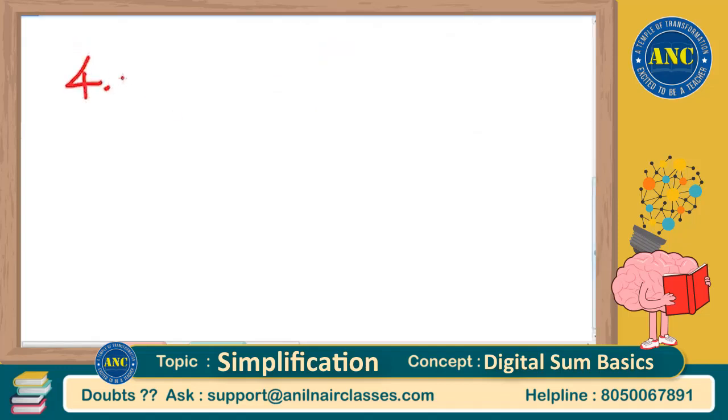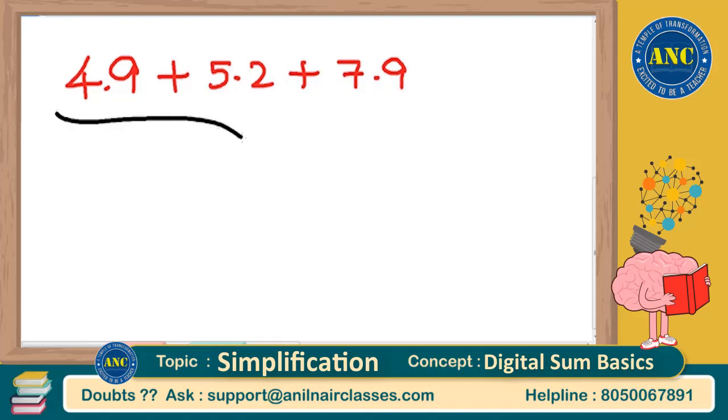Suppose for example, I have 4.9 plus 5.2 plus 7.9, right? Instead of adding these three directly, have that nature of distributing it to people. Please distribute some money to people so that they will also become so beautiful in their life.